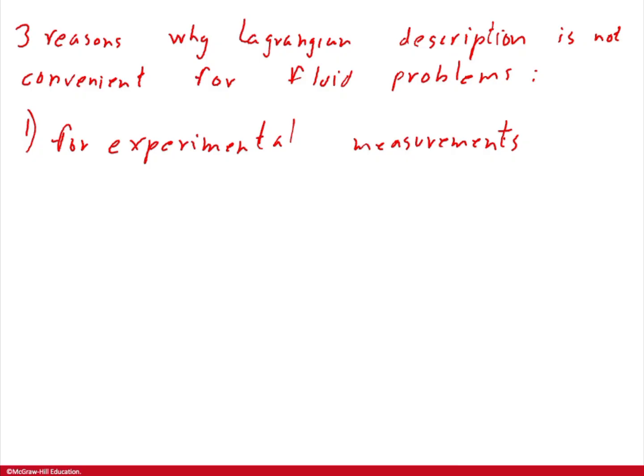You insert a pressure gauge or insert a velocimeter into the flow, and you're measuring it at a single point in the flow, right? So you're not necessarily tracking or moving with the particle. So it's more convenient for experiments. It is convenient to put an instrument at a given location, right?